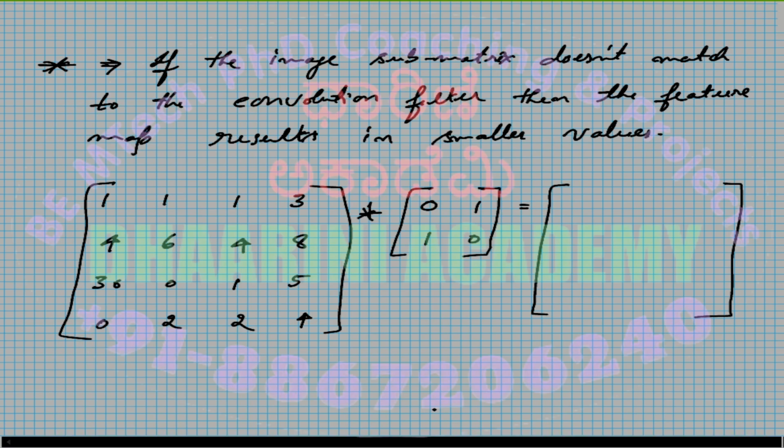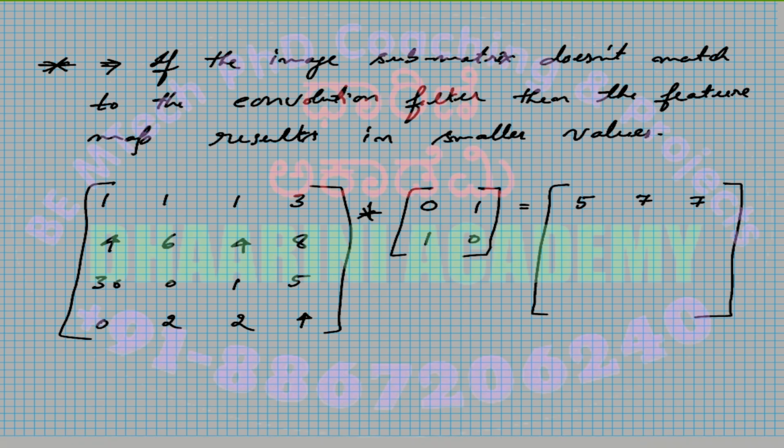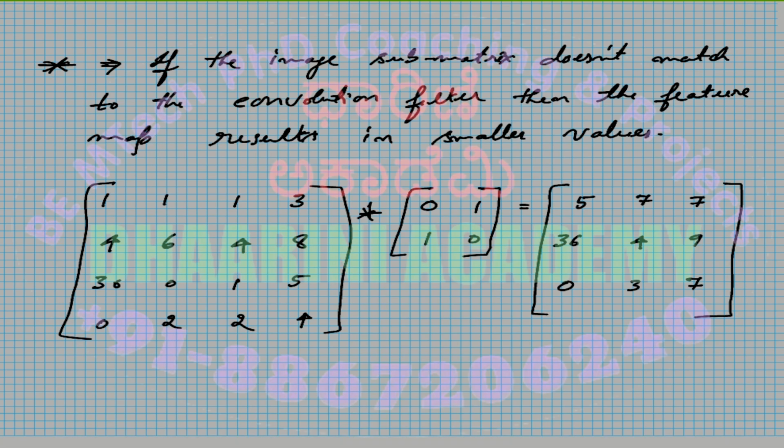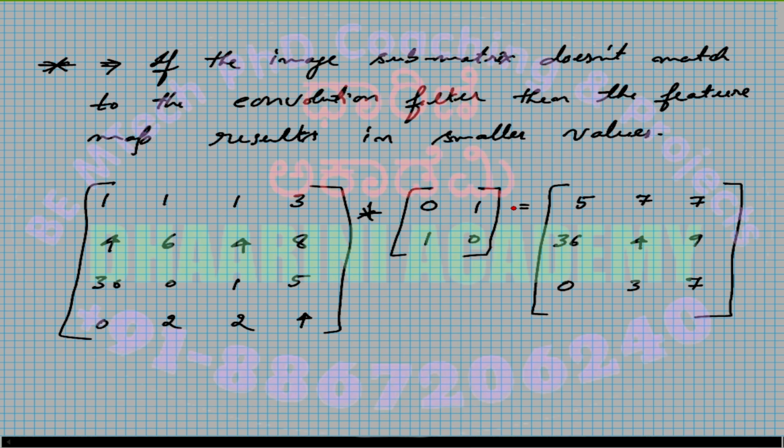So the convolutional result is as follows: 5 7 7, 36 4 9, 0 3 7. Now you can see that since we are looking at the other diagonal which exactly matches, I have the other diagonal highest.